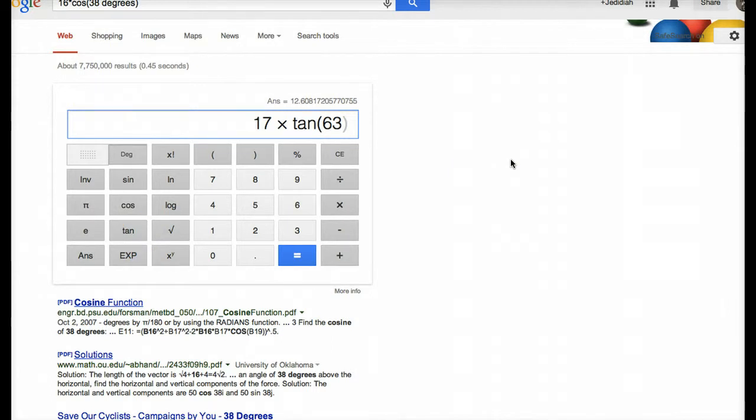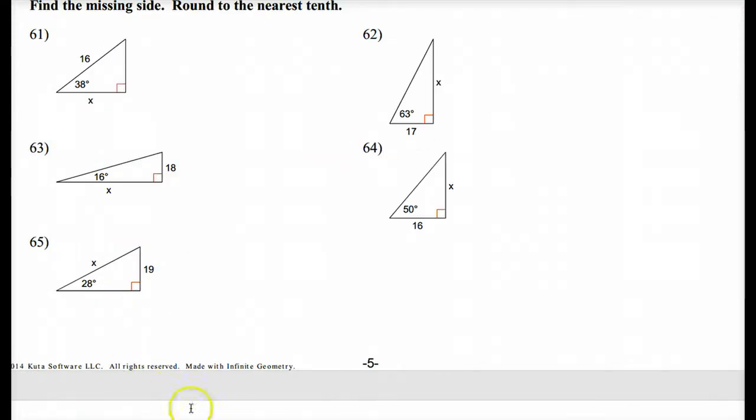Oh, it says degree. Oh no, I want degrees. There we go, equals. And we got 33.3, and that would be it. That's the answer we were looking for. So when I go back to this, the answer was about 33.3. That was easy.